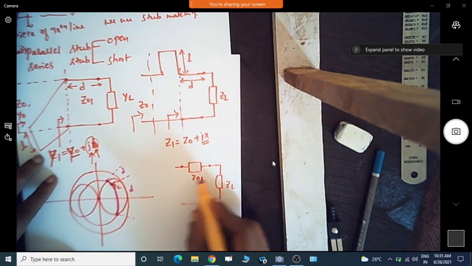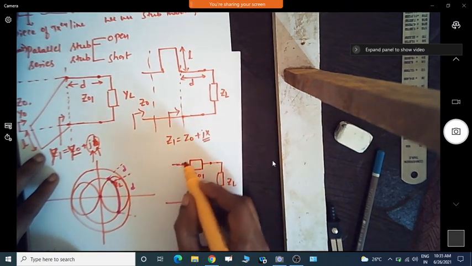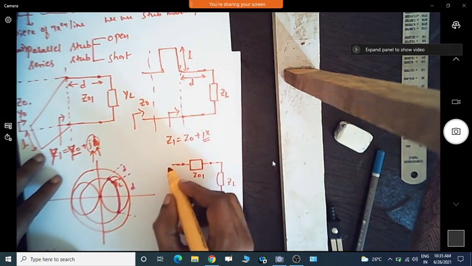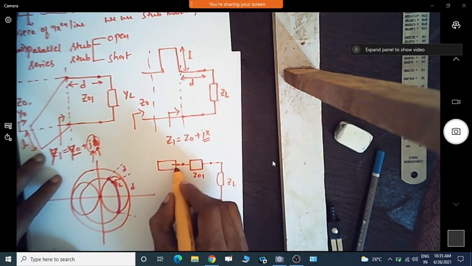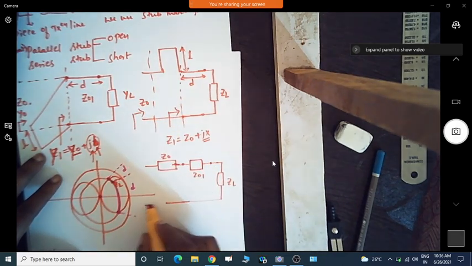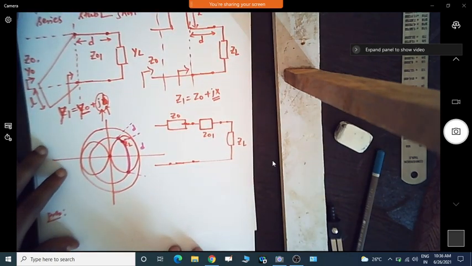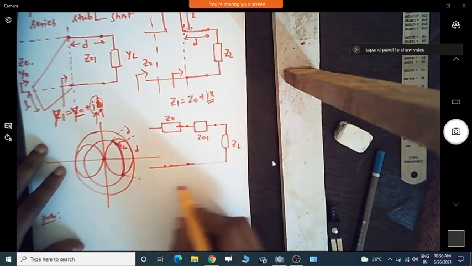We can represent this in microstrip line technology like this, and we have the series stub, which again we can write like this, having a characteristic impedance Z0.